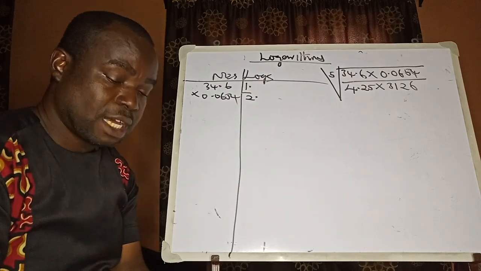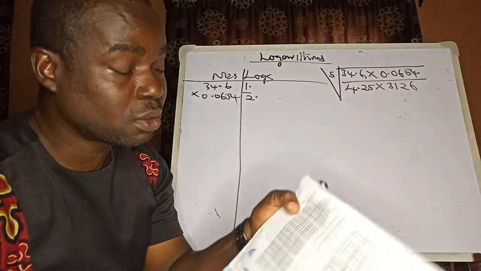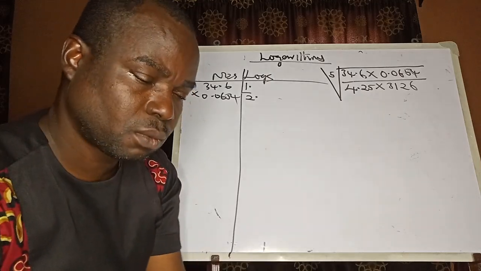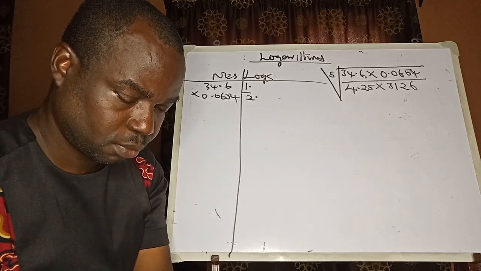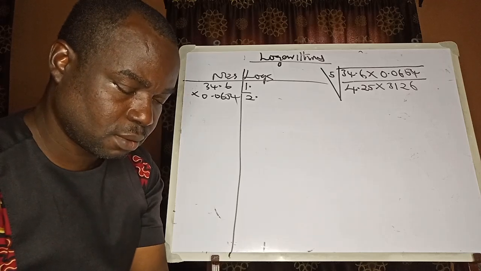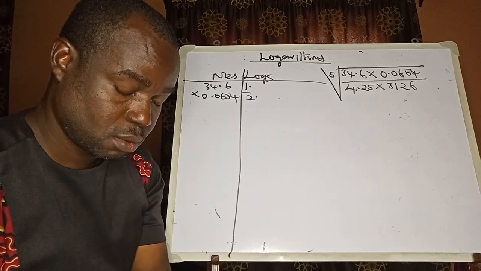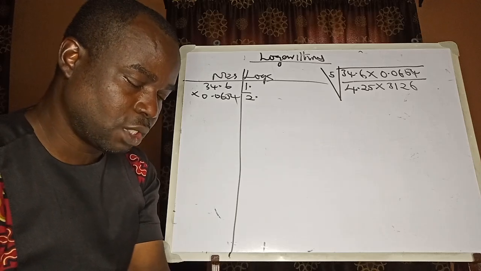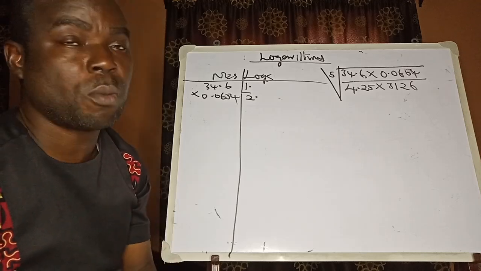So we check 34 under 6. 34 under 6 will give us 5391. So compare it with what you have.